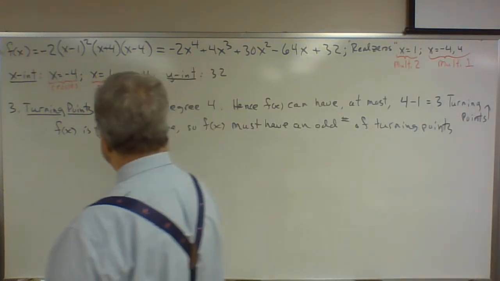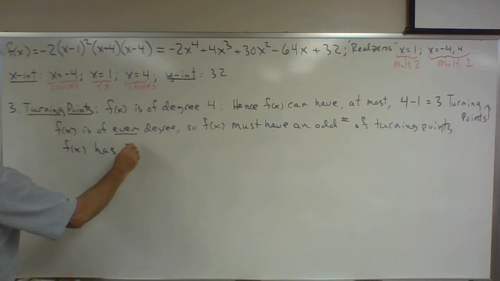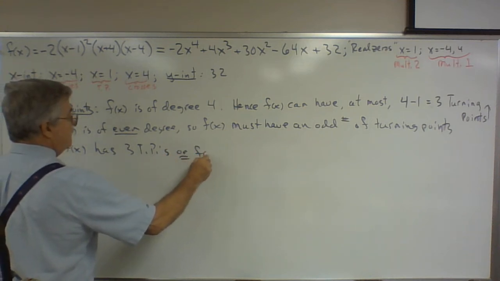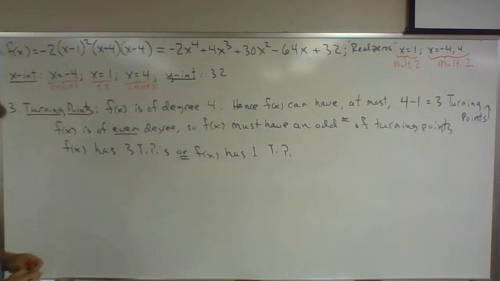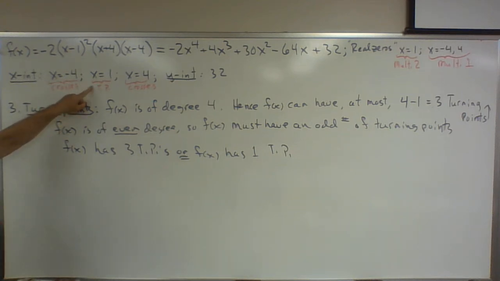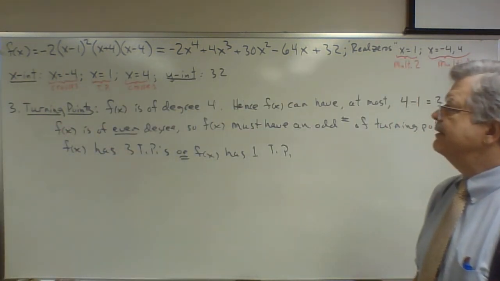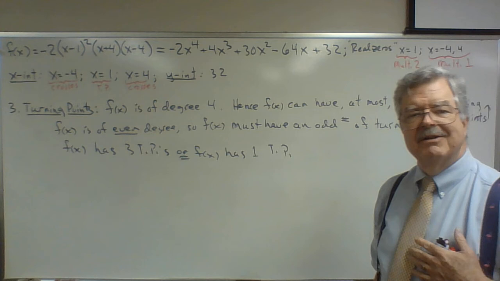So either f of x has 3 turning points, or f of x has one turning point. Those are the possibilities. And we know we do have a turning point at x equal 1. Now the question is, do we have two more, or is x equal 1 the only turning point? I guess we'll have to wait just a little bit longer to answer that question.